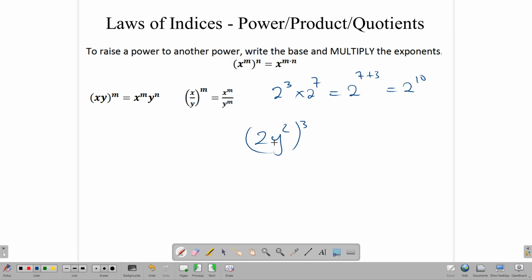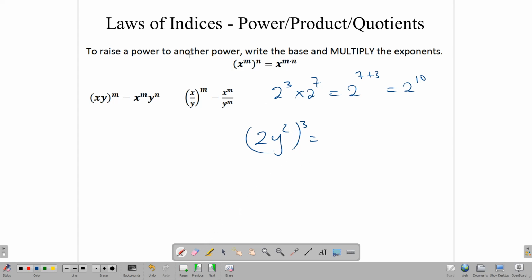The rule is telling us that we can simply apply the idea the same way. So if we are raising a power to another power, notice that this 2 is being raised to the third power here, and this y squared is being raised to the same third power here. Then what we can simply do is to bring everything to that power outside.